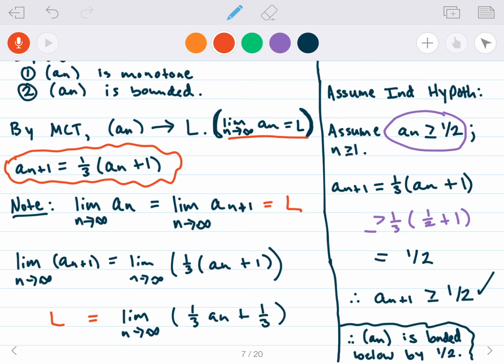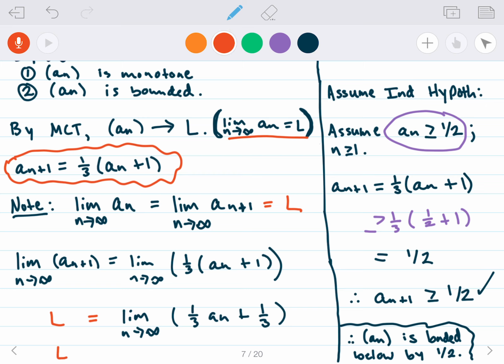And so when we take the limit of a third times a sub n, it's going to give us a third L by the algebraic limit theorems. And when we take the limit of the constant as n goes to infinity, there's no n to deal with, so it's just the same, 1/3.